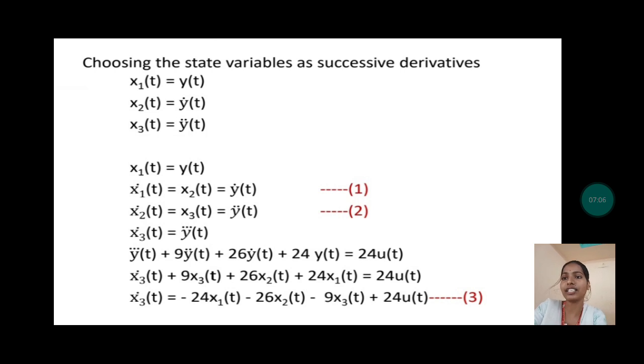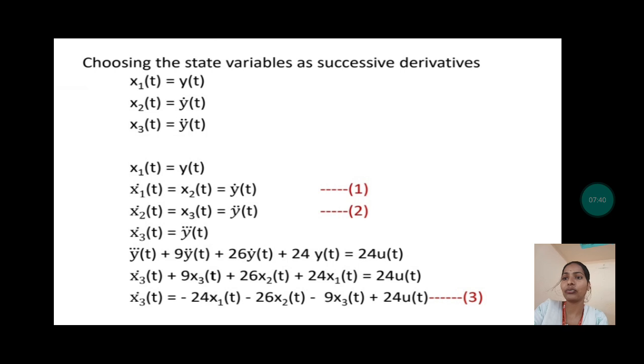Here the equation is substituting 1 and 2 in the first equation. Then y triple dot of t plus 9 y double dot of t plus 26 y dot of t plus 24 y of t is equals to 24 u of t becomes x3 dot of t plus 9 x3 of t plus 26 x2 of t plus 24 x1 of t is equals to 24 u of t.